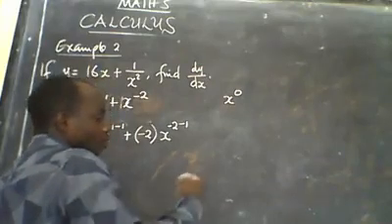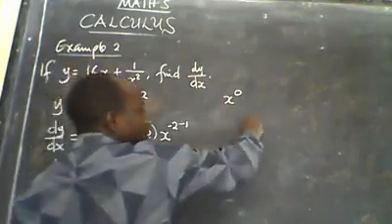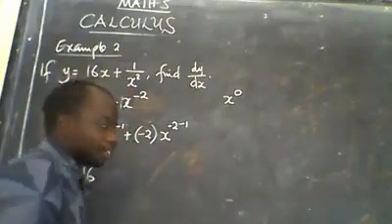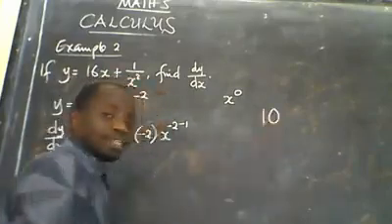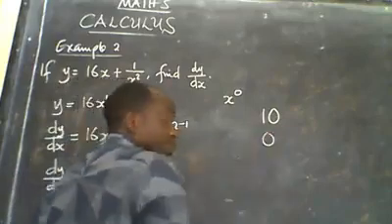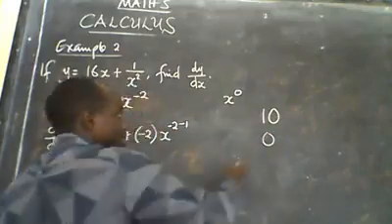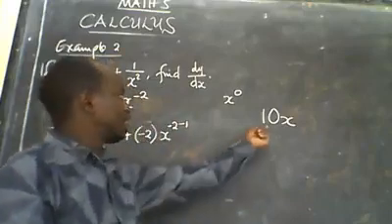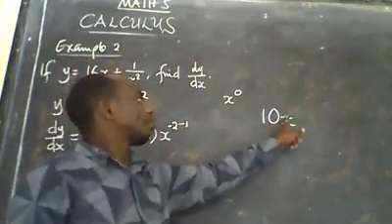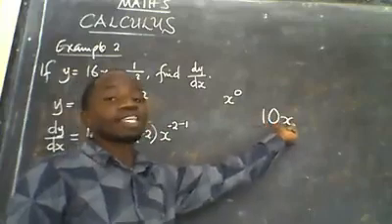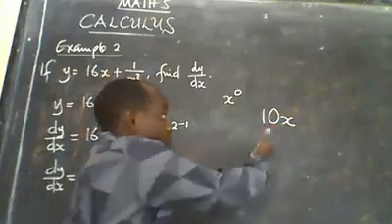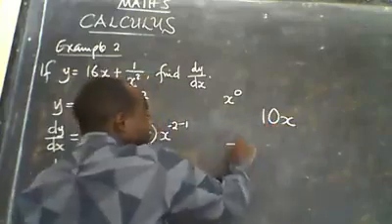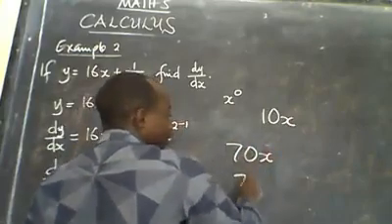So maybe to make things much easier, where I said when you are differentiating a constant, for example differentiating 10, it's always 0, right? I will now say, when you are differentiating a number times x, just like 10x, the answer will just be 10. If it is 70x, the answer will be 70.